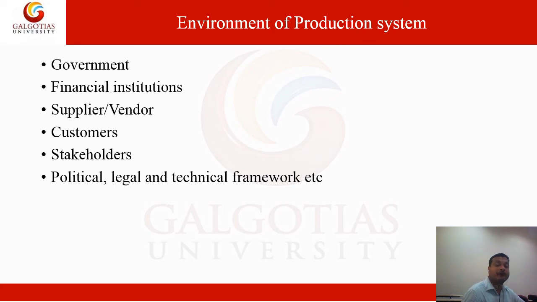And finally, the political, legal and technical framework of the country or the society, everything will be considered when we design a production system. Therefore, you can sum up that an environment of the production system consists of many participants. Only with their cooperation and coordination will we be able to run a production system in a better way.